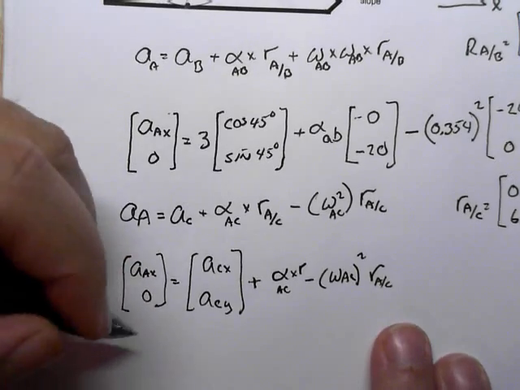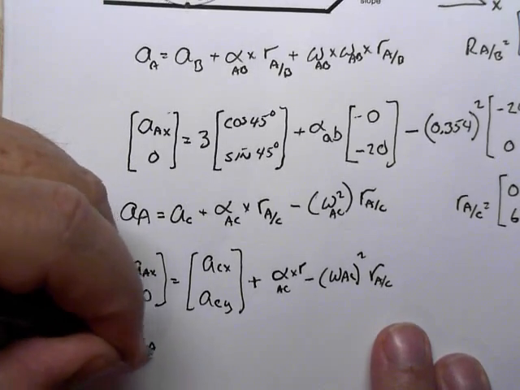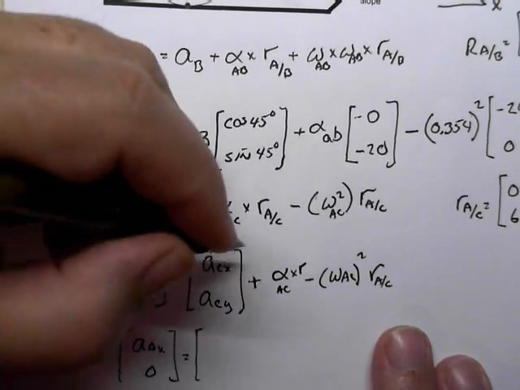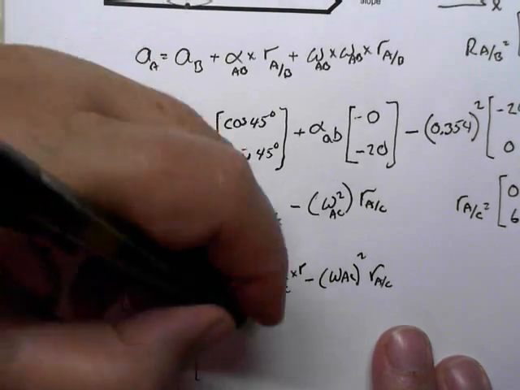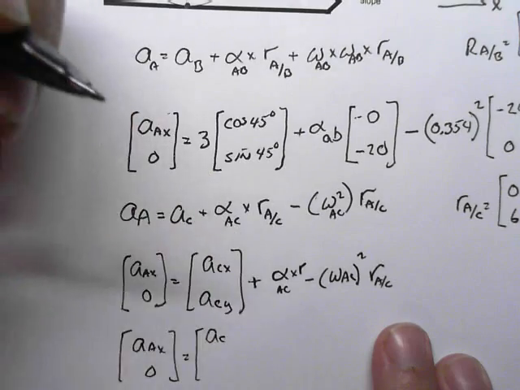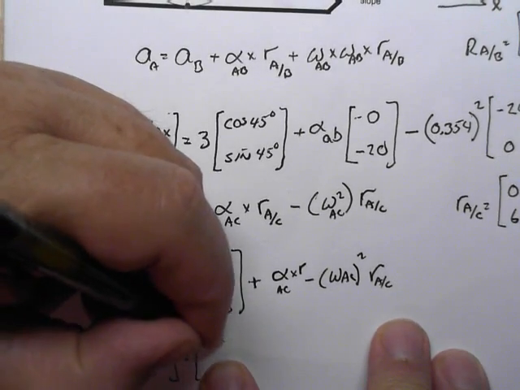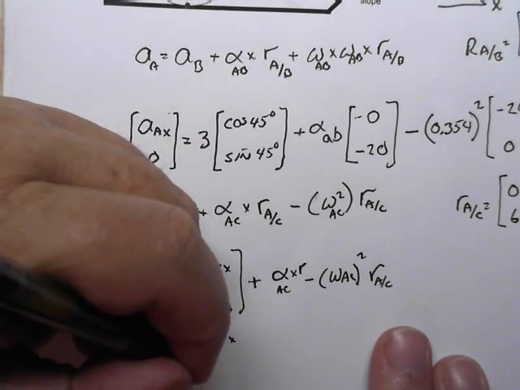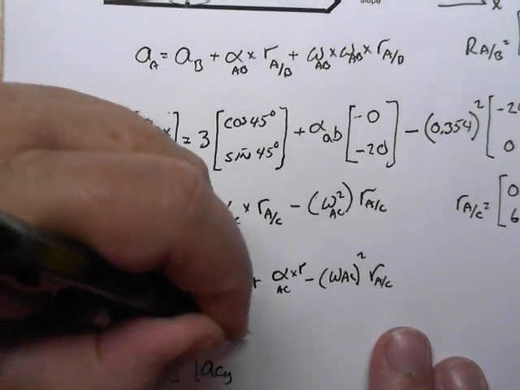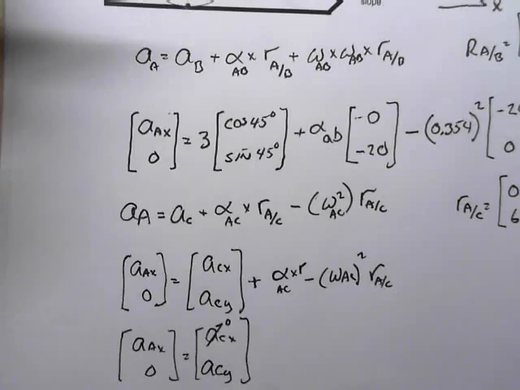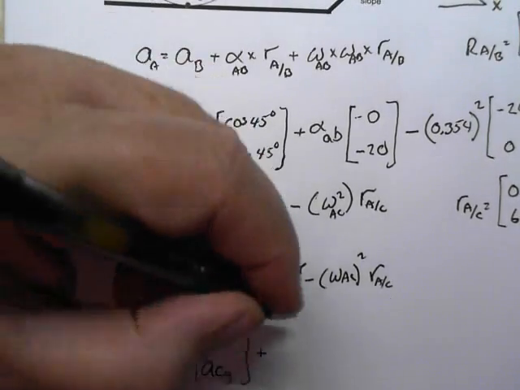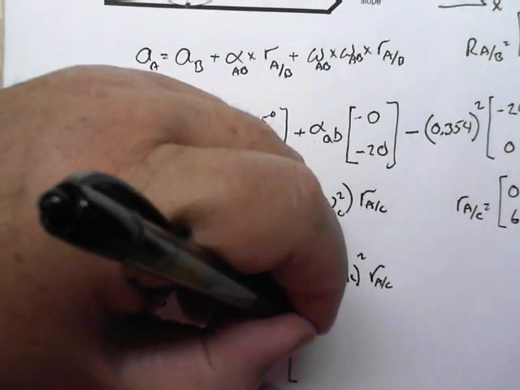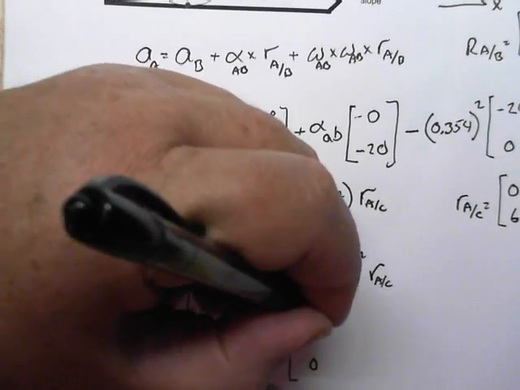Okay, and so this is going to be the acceleration of A in the X, 0, is equal to acceleration of C in the X, but we know that is 0 because that's the tangential acceleration of point C. The normal acceleration would be ACY, so there's a 0 there, plus alpha, scalar multiplying the 6, 0, and put a minus sign there.